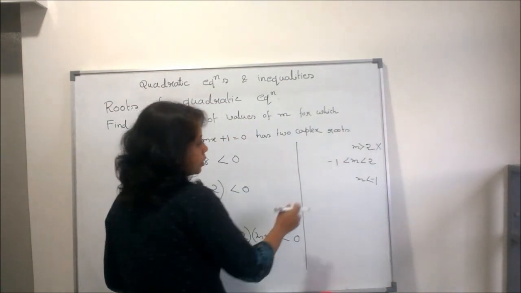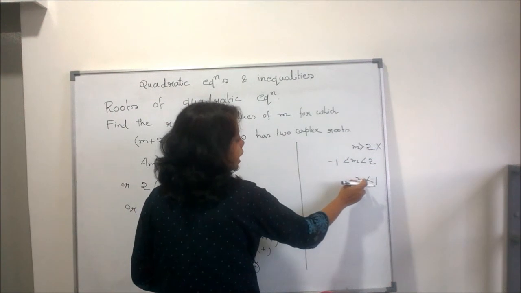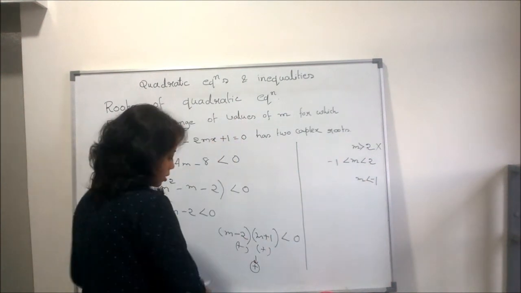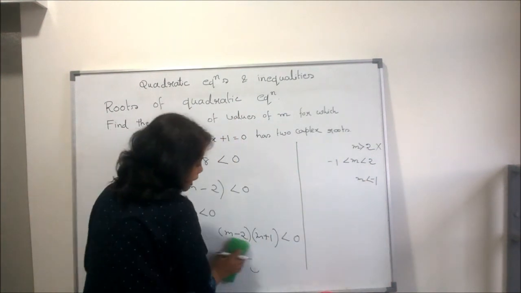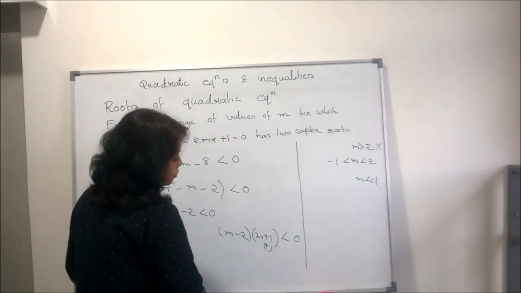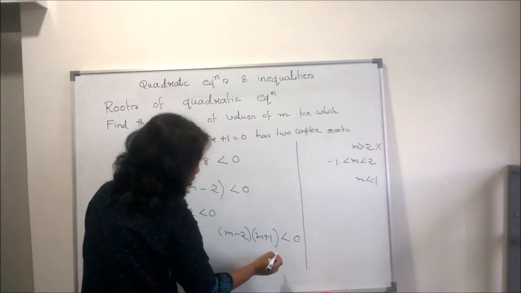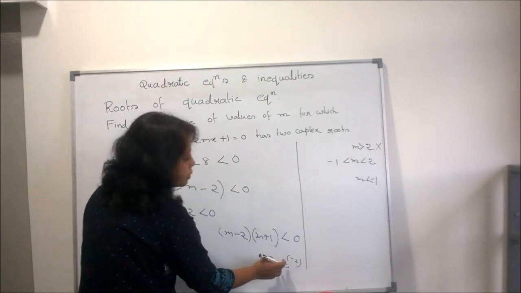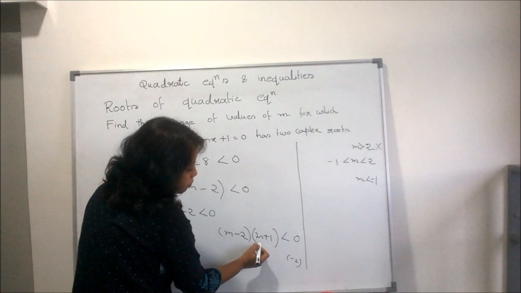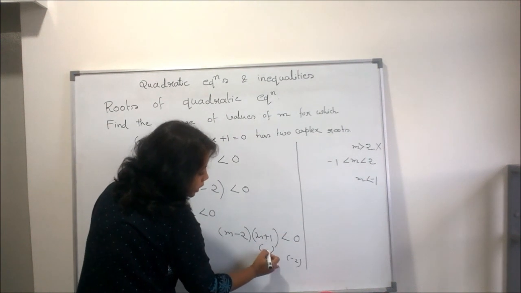Now if we consider m is less than minus 1, maybe minus 2, then minus 2 plus 1, this part becomes negative.